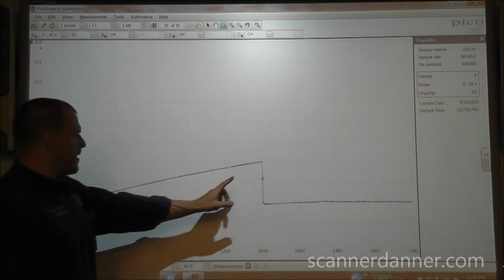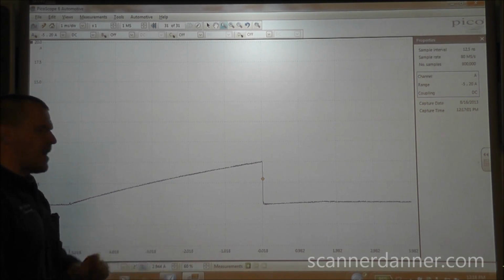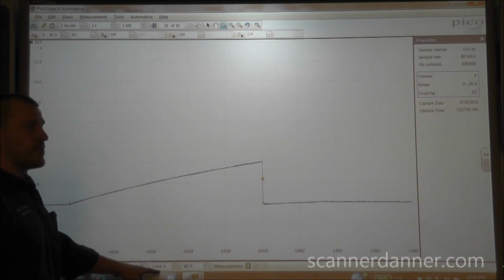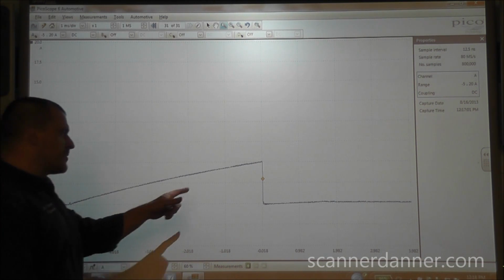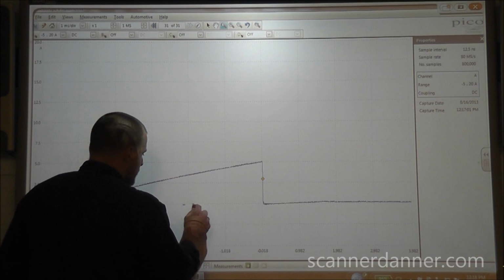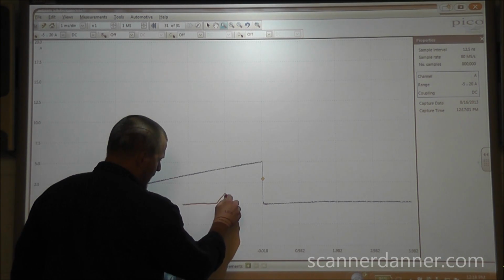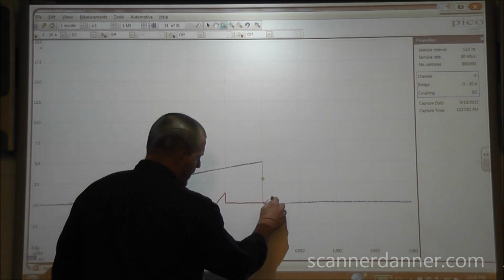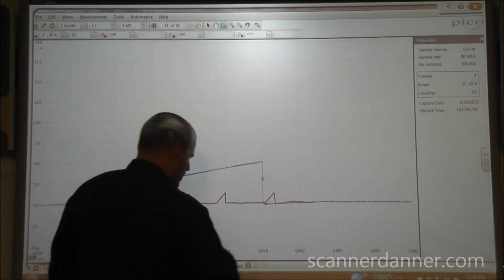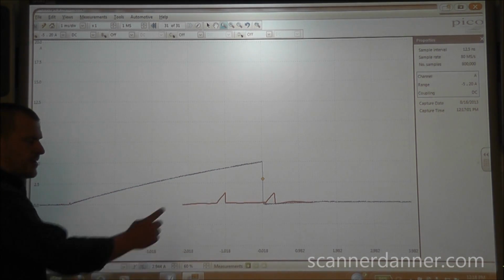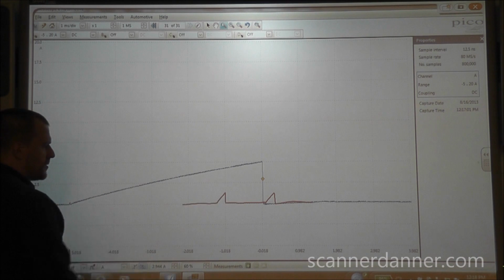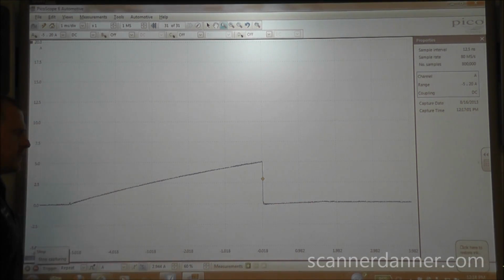But the thing is my trigger is set for 2.9 amps right now, and my injector only hits 1 amp. So what's going to happen is the injectors are firing down here. I'll show you what it looks like. I'm going to move this trigger out of range. Watch. Start that back up. This is still on the ignition coil.